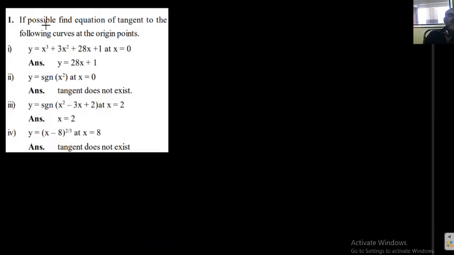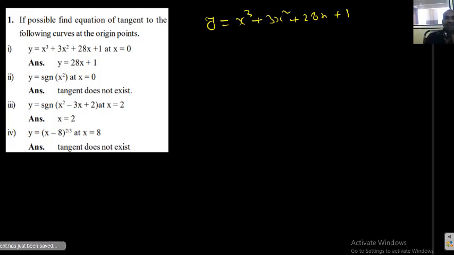If possible, find the equation of tangent to the following curves at the given points. Okay. So y equals x cube plus 3x square plus 28x plus 1. I am not using the differentiation method. I want to use the differentiability method only, at x equal to 0. If x equals 0, then y equals 1 only.